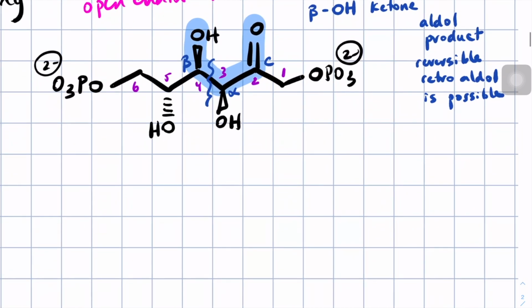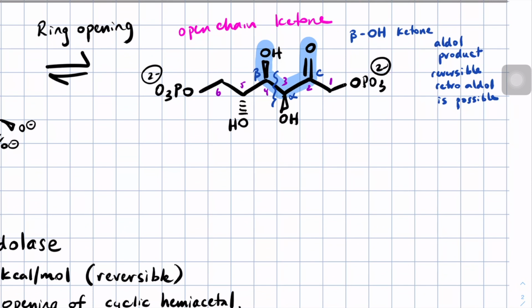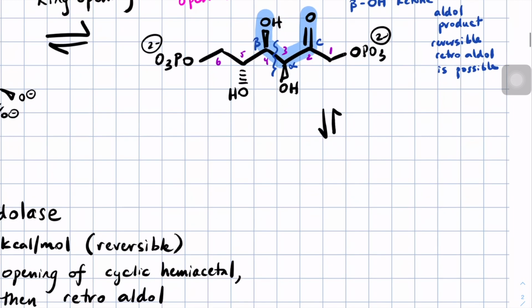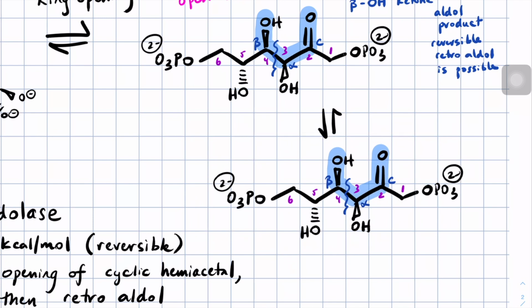So let's imagine what the previous intermediates would have been. So we start with the beta hydroxy ketone. Do you remember in the aldol reaction how we got that beta hydroxy group there? Go ahead and think about it. Pause the video and look it up.